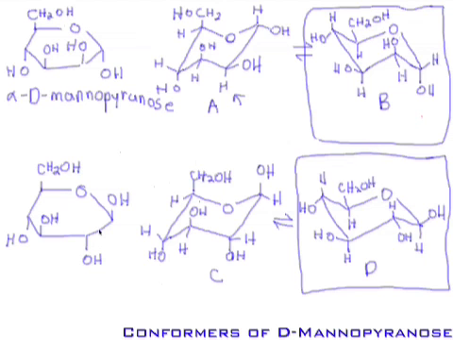Now let's do the same thing for beta D-Glucopyranose. Again, remember it was this OH right here that we had to change. So let's do it. With that OH up is beta.